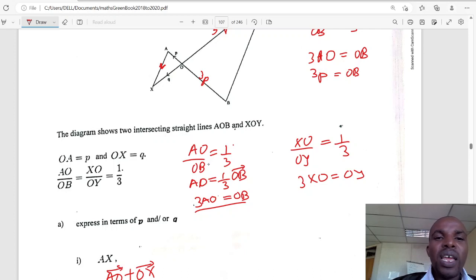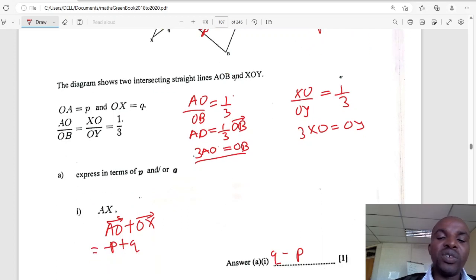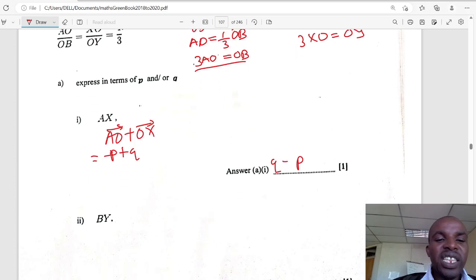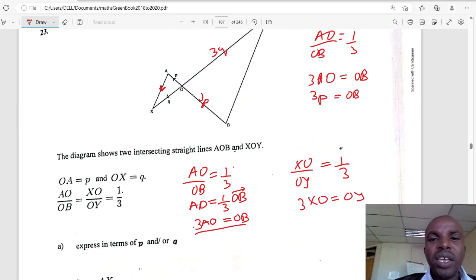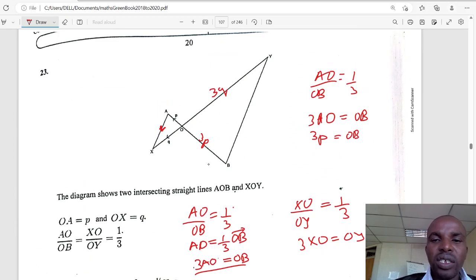What is AO? AO is minus P because we are going against the arrow. Then plus OX is Q. So you can say Q minus P. Done. You start with the positive and the negative. Then BY. BY is this one, and the arrows are going this side. Because here we say it is OB, and this one we say it's OY.